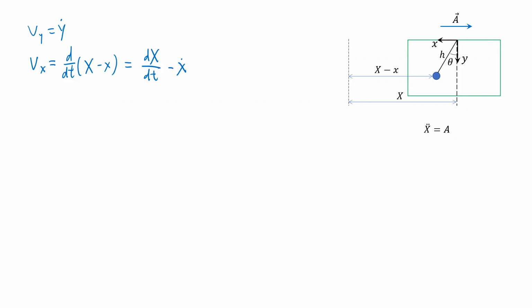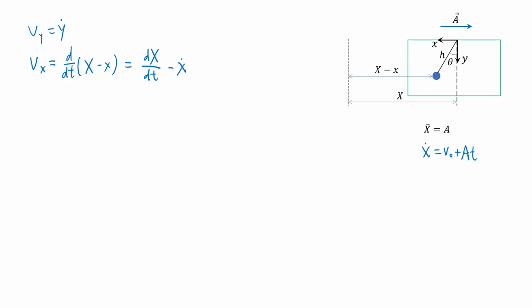So what is the capital X? The derivative of capital X with respect to time: we know that the second derivative would be just a. So the first derivative would be some initial velocity plus at, where a is just a constant.